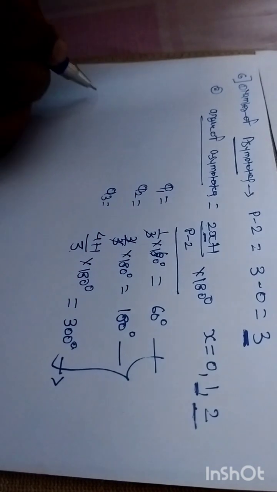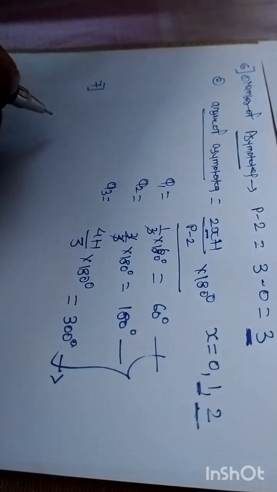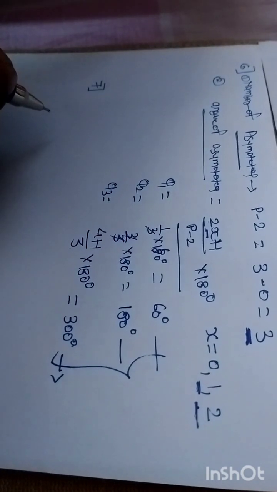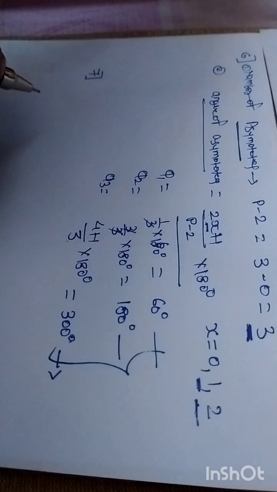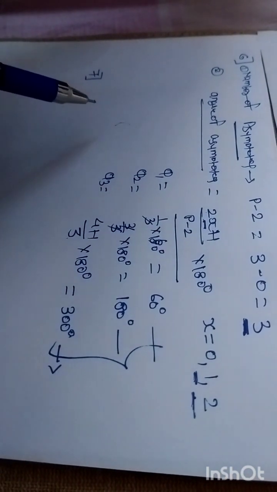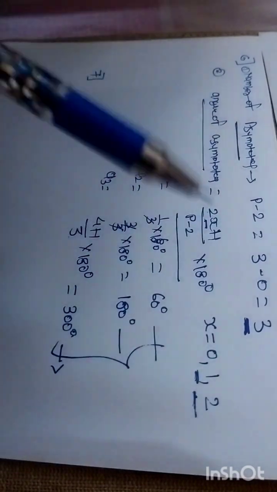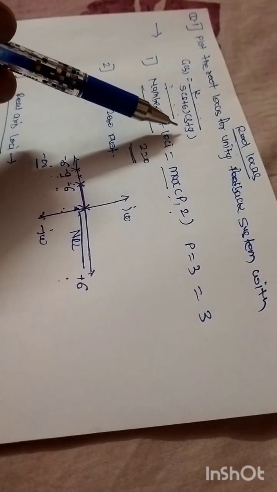Then immediately after that we need to follow step number 7, which is to determine the angle of departure. But as I told you earlier, we do not have imaginary poles in this example. We have only real poles, we don't have any imaginary part.